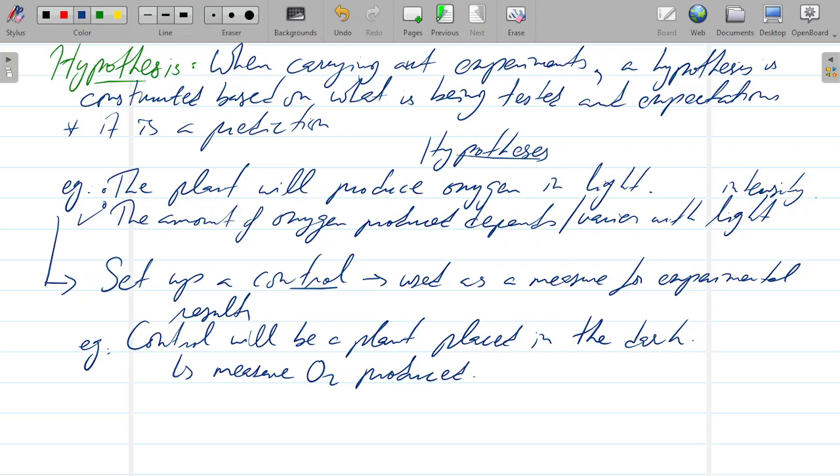Okay. Now, lastly, we're going to talk about limiting factors. There's a bit of detail given in the text about this, so you can go over it. It's well explained.